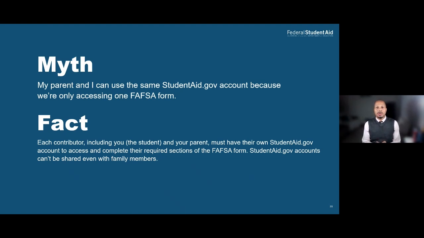All the information that's going into the FAFSA form is going to be supporting the student. That's the one FAFSA form. However, when it comes down to providing the information or providing a signature at the conclusion of completing the FAFSA form, each contributor is supposed to have their own individual studentaid.gov account.